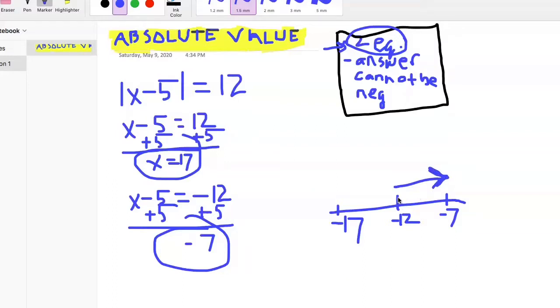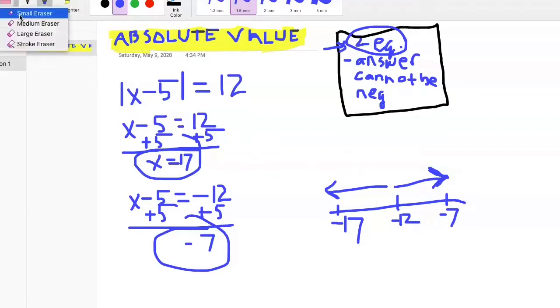So -12 plus 2 is -10. If it's minus, then it's going in this direction: -12 minus 2 is -14. We have videos on number lines, so if that's confusing to you, go ahead and check that out. I'll include that in the description as well, in case you have a hard time finding it. We do have quite a few videos. Okay, so that's that one.